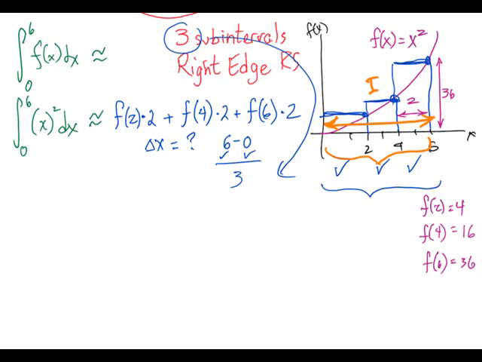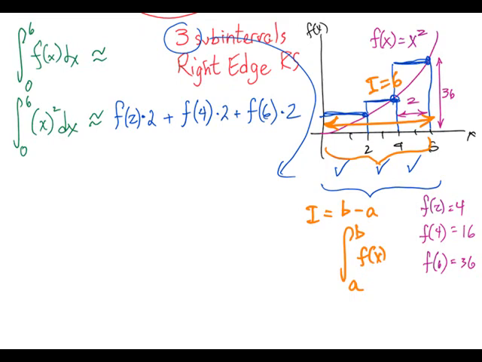So in this case, I is equal to 6. It should be clear to anyone that I is always going to be equal to b minus a if we think about the integral written in standard form, with the lower limit of integration denoted as a and the upper limit of integration as b.